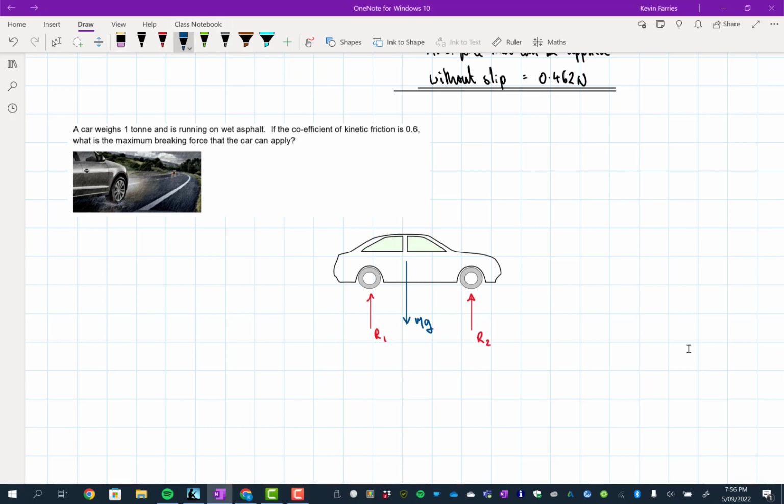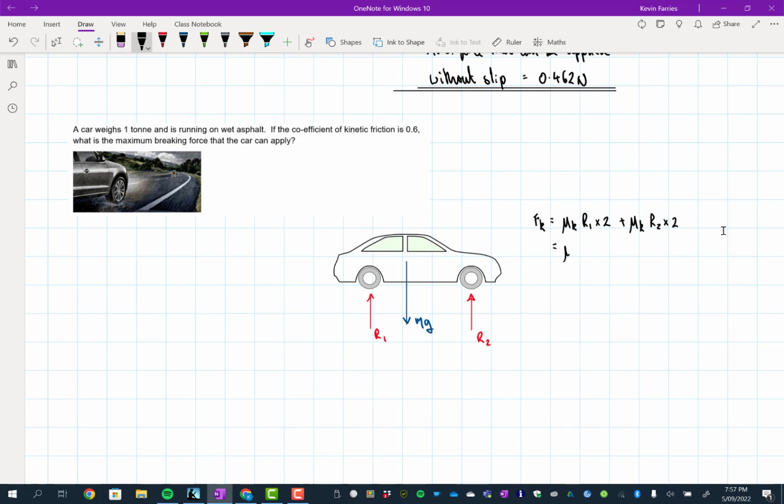And so what we can say is, let's assume that we've got the same reaction at the back wheels and the front wheels. Then the kinetic friction is just going to be equal to the coefficient of kinetic friction times R1 times 2 for both back wheels, plus the coefficient of kinetic friction times R2 times 2 for both front wheels.